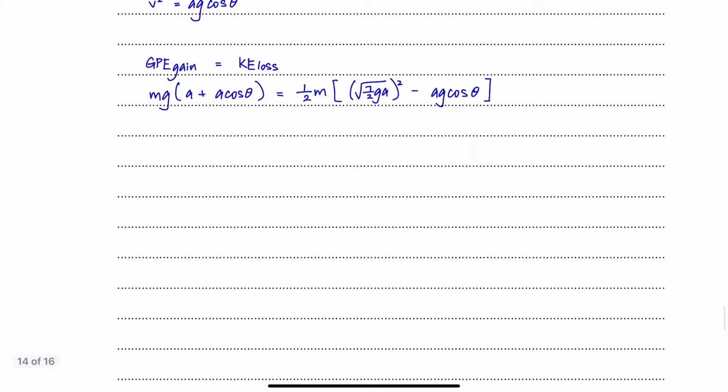So now we can simplify the equation. We can cancel mg, and maybe cancel A as well. So now we have 1 plus cos theta equal to half times (7 over 2 minus cos theta).